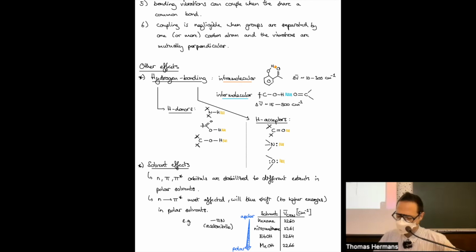Nitromethane, a bit more polar, but not very polar, 61. Ethanol, 64. Methanol, 2266. So there's definitely a shift, right? So this is polar, and this is apolar. So there's definitely a shift when you change the solvent polarity, but the shifts are not as large as when you do hydrogen bonding, for example, or when you have coupling between vibrations.